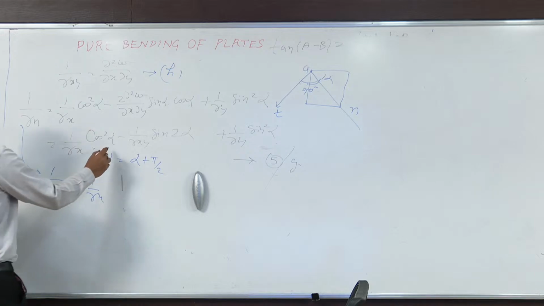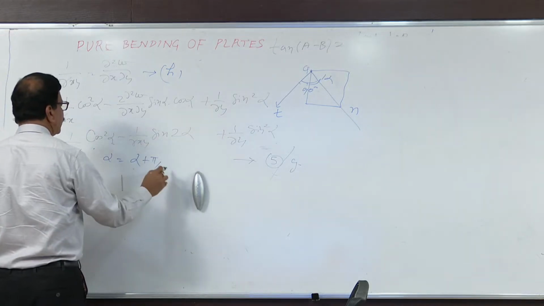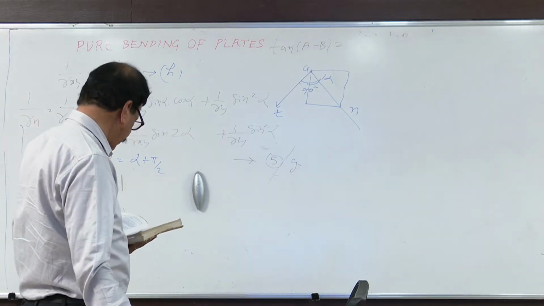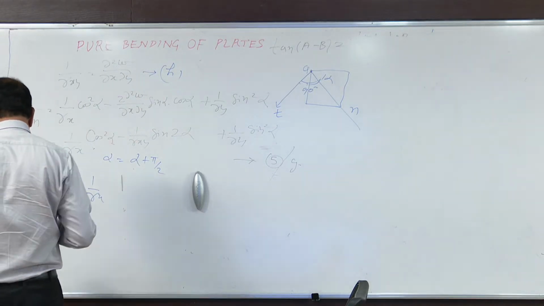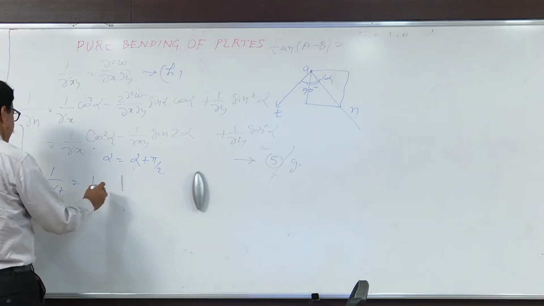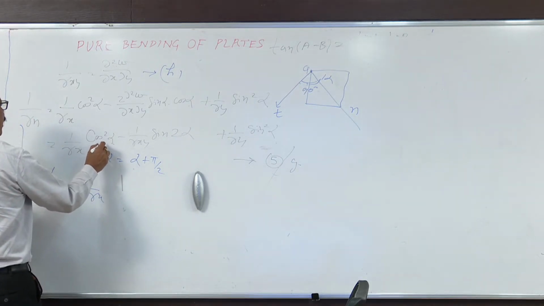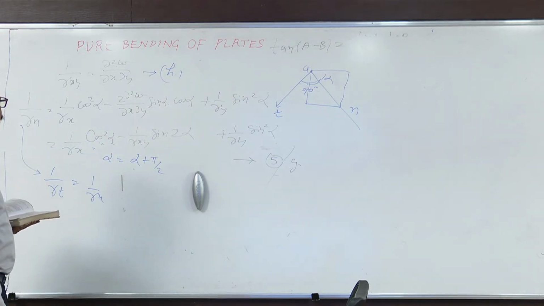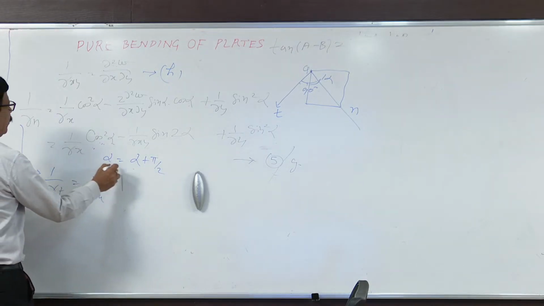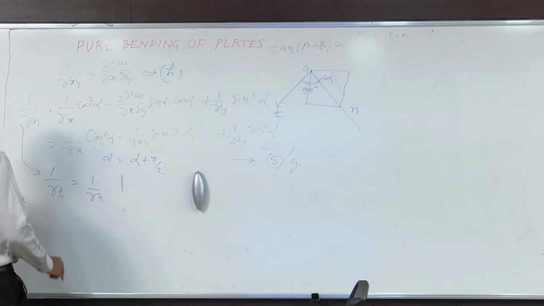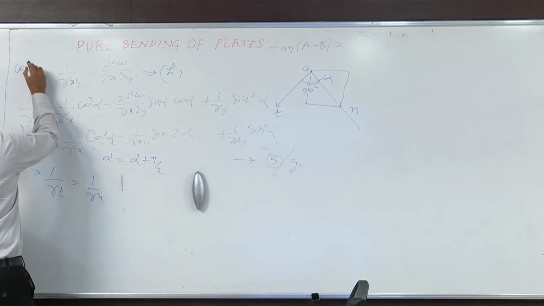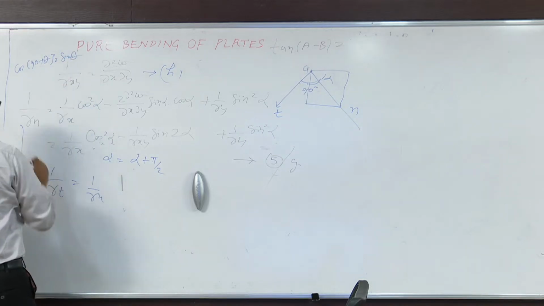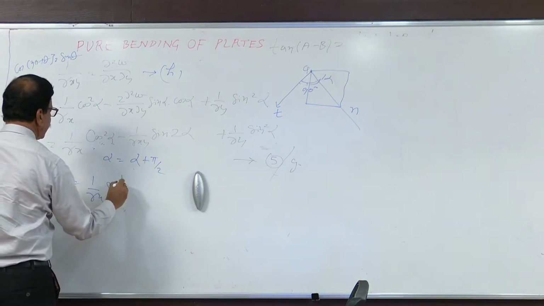Now here you put, instead of alpha you put this. So you will get here cos square alpha और cos 90 plus alpha क्या होता है पहले तो? Cos alpha और cos 90 plus alpha, what is the value of cos 90 plus alpha? Cos 90 plus theta is equal to sin theta. So you will get sin square alpha.